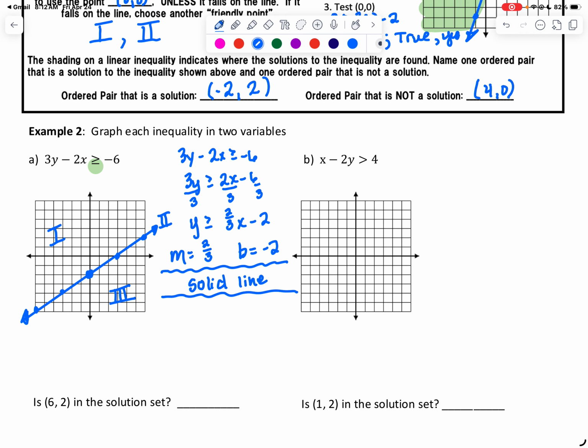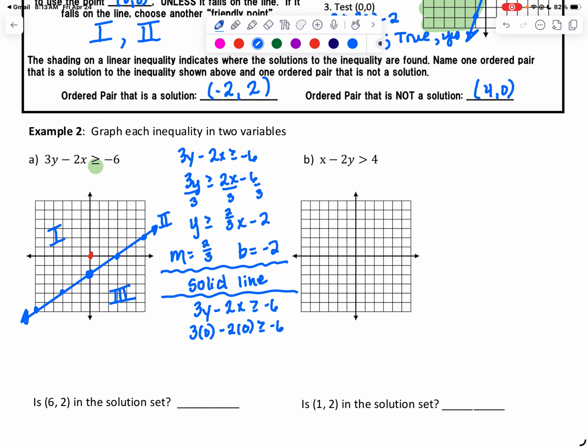To tell, you're going to pick any point you want anywhere on this coordinate plane. To make it easy, I'm going to choose the point (0, 0) just because it makes my math a lot easier. I'm going to plug it into the original inequality, which was 3y minus 2x greater than or equal to -6. So I'll put a 0 for the y, a 0 for the x, greater than or equal to -6.